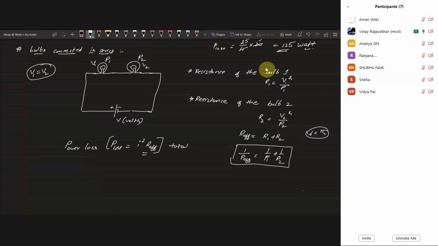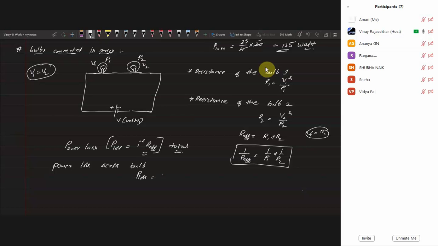Please remember, total power loss. Then if you take the power loss across the first bulb, power loss is equal to I square into R.